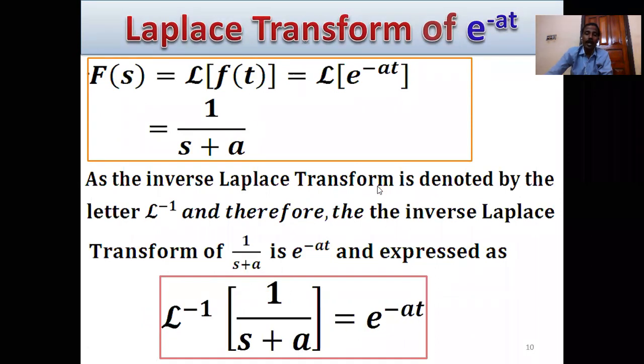This is again frequency domain to time domain. In the previous case, time domain to frequency domain was the Laplace transform; this is the inverse Laplace transform.